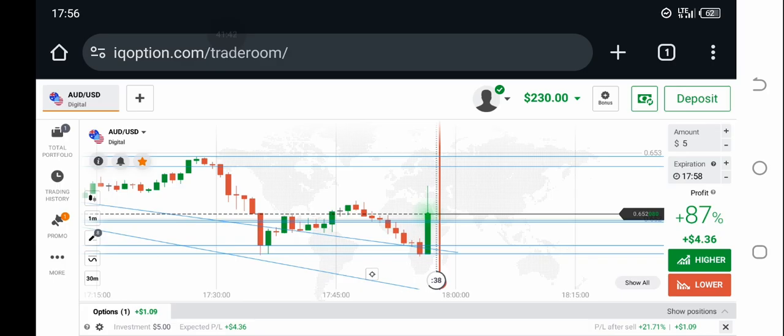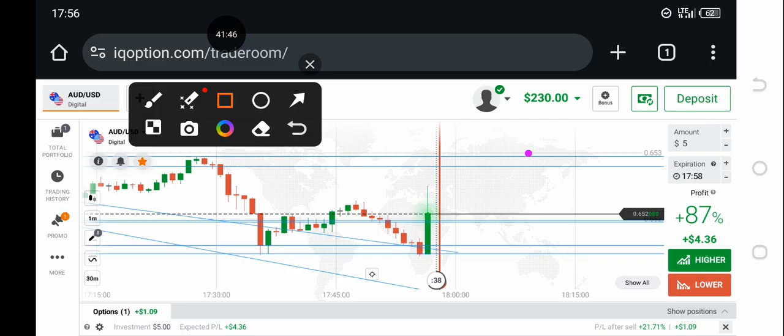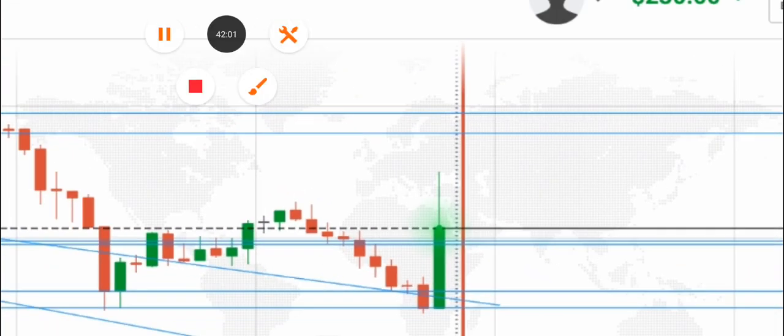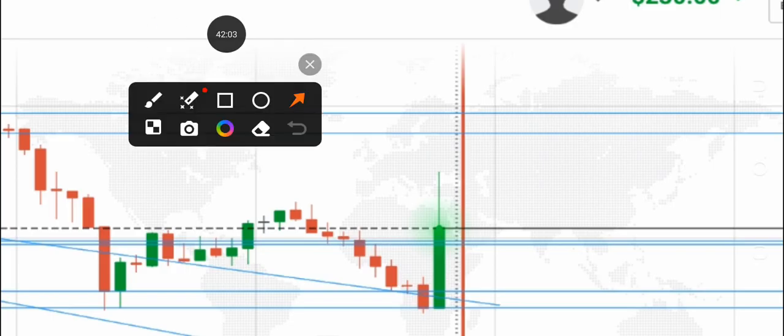Simply because I already drew this level, I already knew that this level here is a level of support. Resistance turned support, turned resistance. So when I spotted this small bullish candlestick here, I thought the market will reverse here.